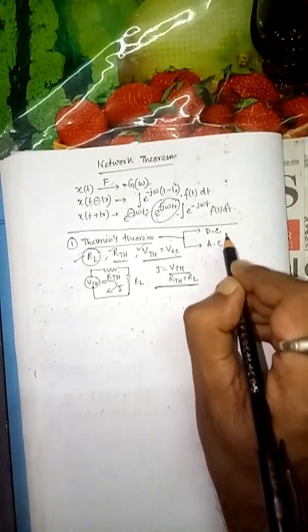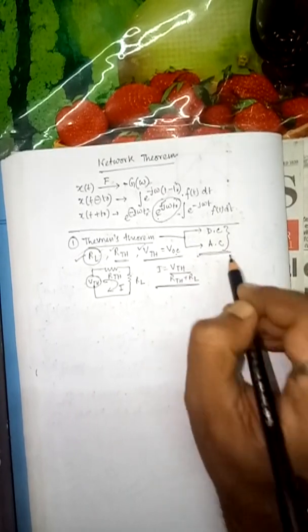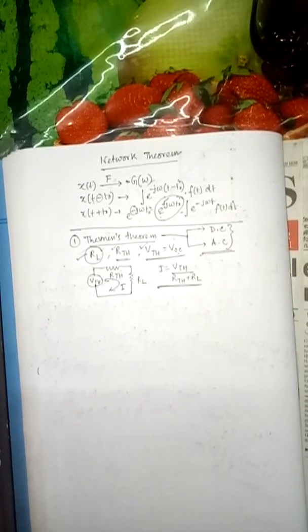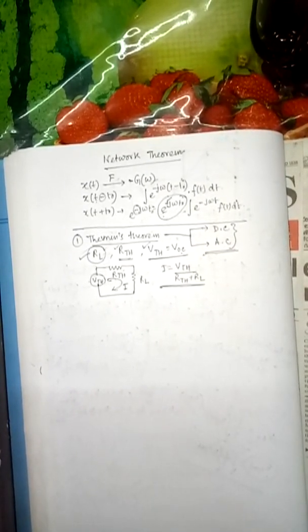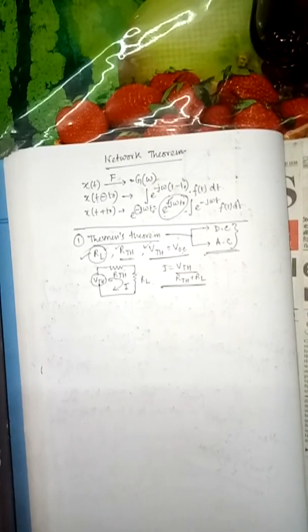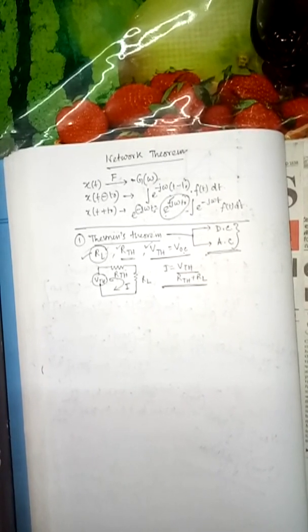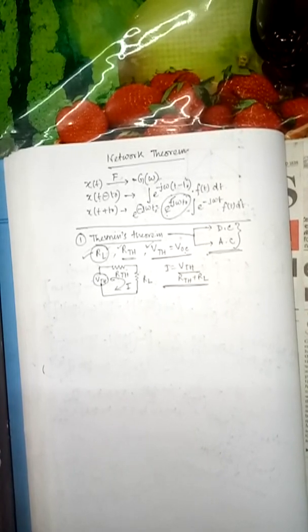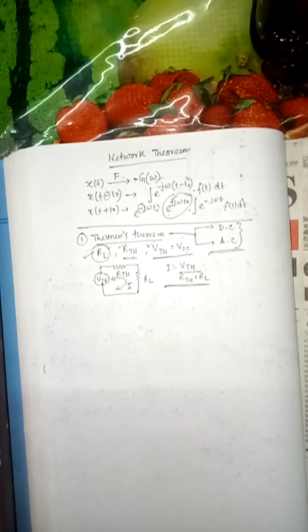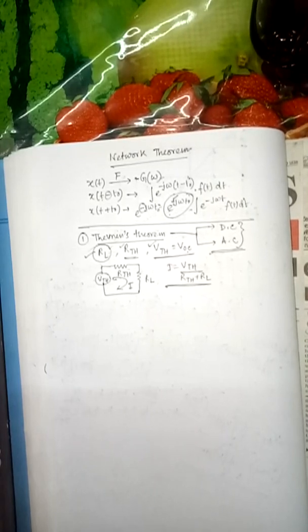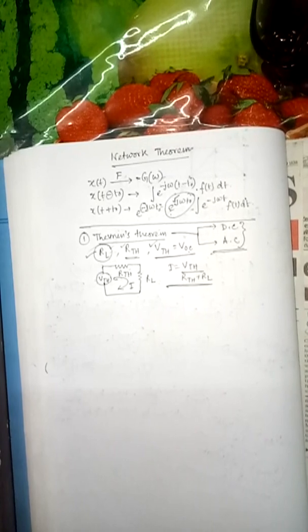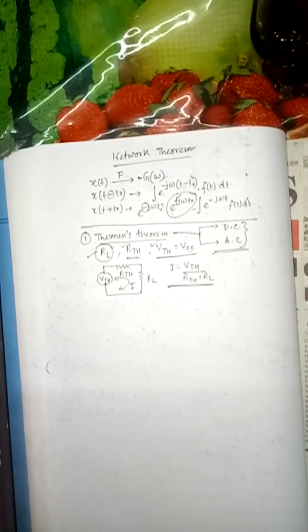In the progression of the lecture, I will first give you some numerical examples by which you will understand how a DC network utilizes Thevenin's theorem to find the current flow in a particular resistance.